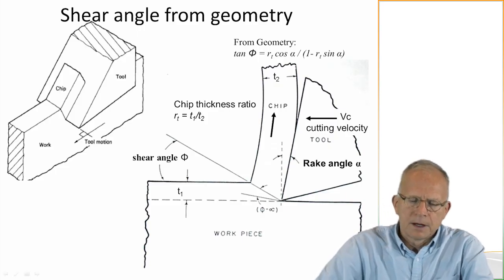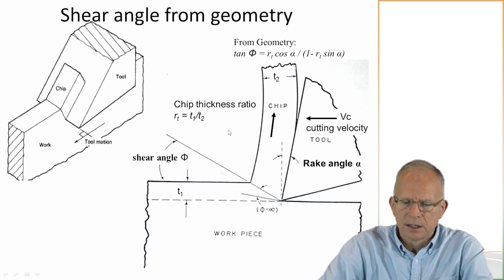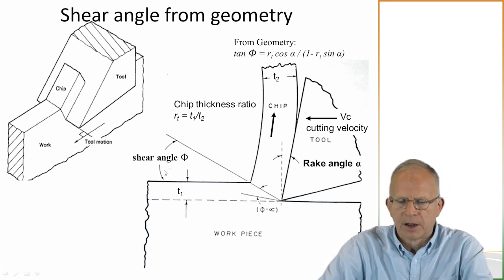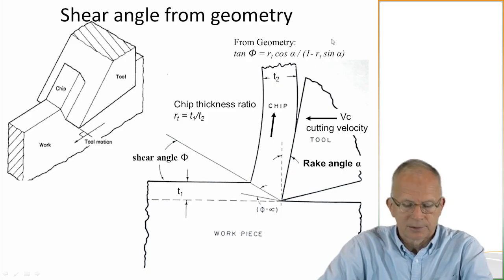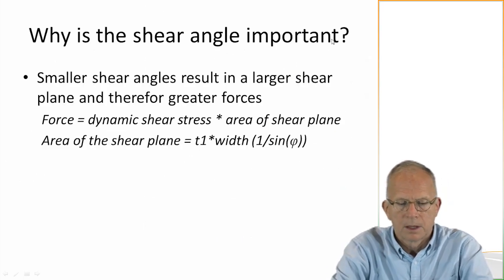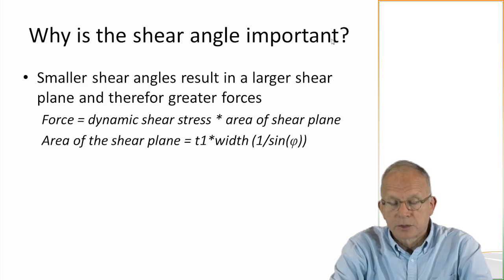And as we noted previously, we can calculate the shear angle from T1 and T2 and the rake angle given by this formula, and that's just straight geometry and applies to cutting metal or cutting ice cream. As long as you're scraping the ice cream.